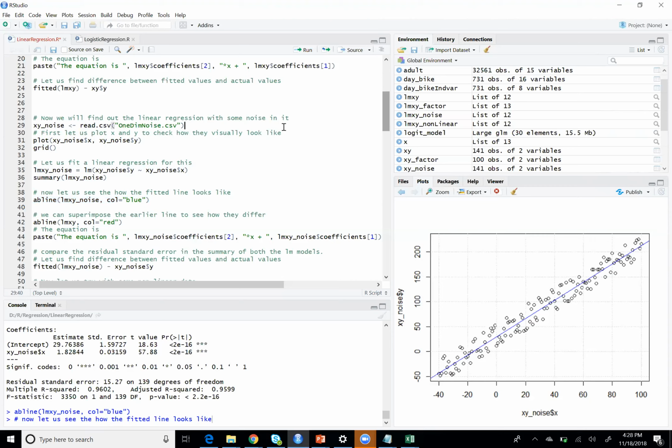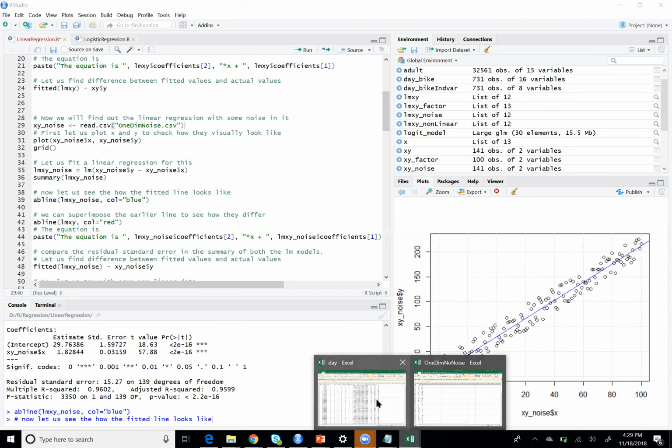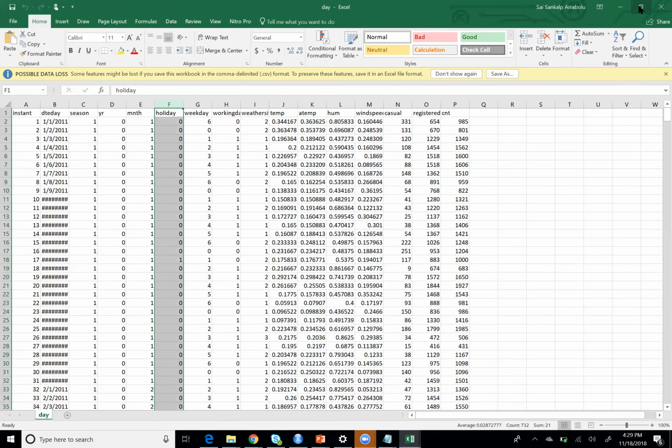Then we will use the biking data example, because the biking data has a lot of values: it gives us humidity, wind speed, a lot of temperature values, and whether it's a holiday or a working day. As we can see in the biking data here, it gives us a lot of these things. So then we will run an algorithm.